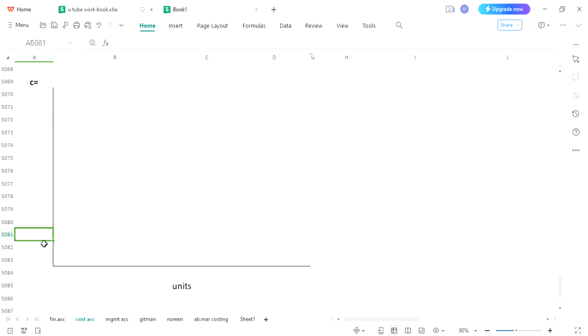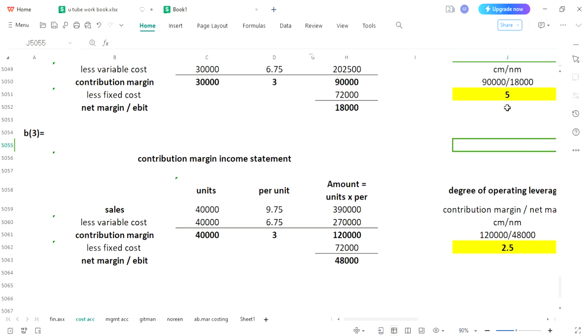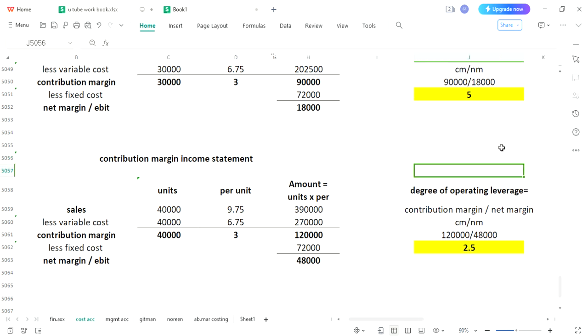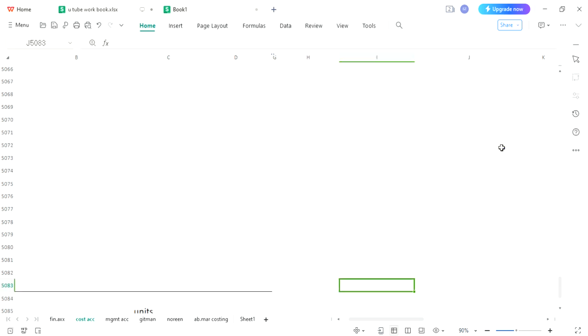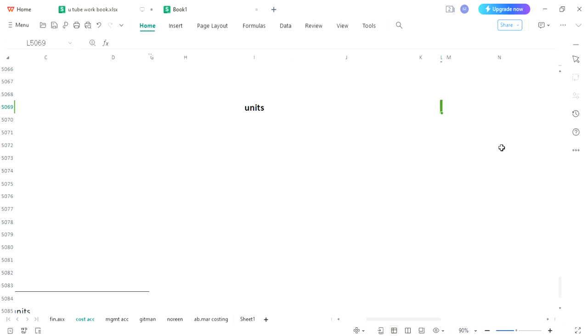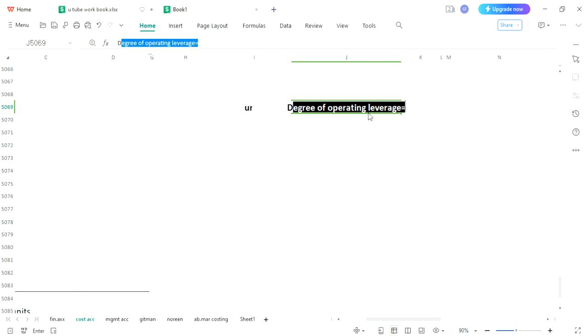Now we are making a graph for units and degree of operating leverage. For that purpose, first we will compute our data. Here you will put your number of units and then you will write your degree of operating leverage.